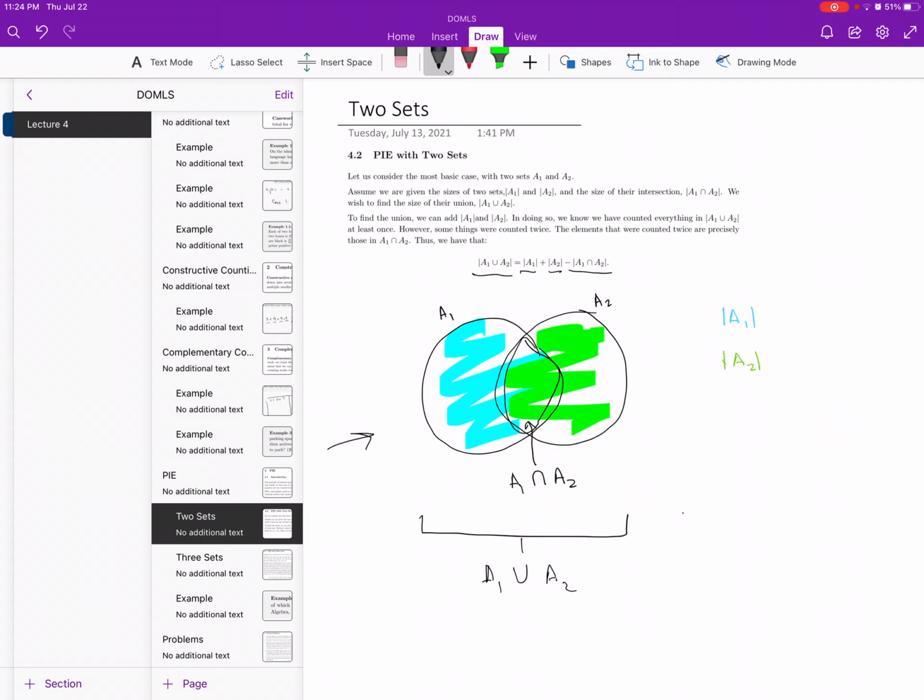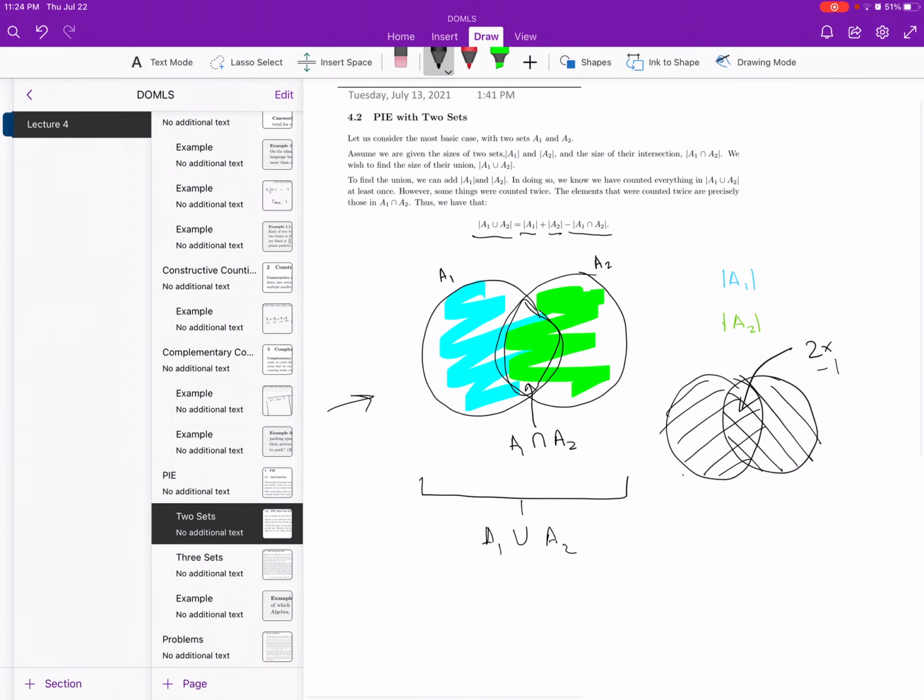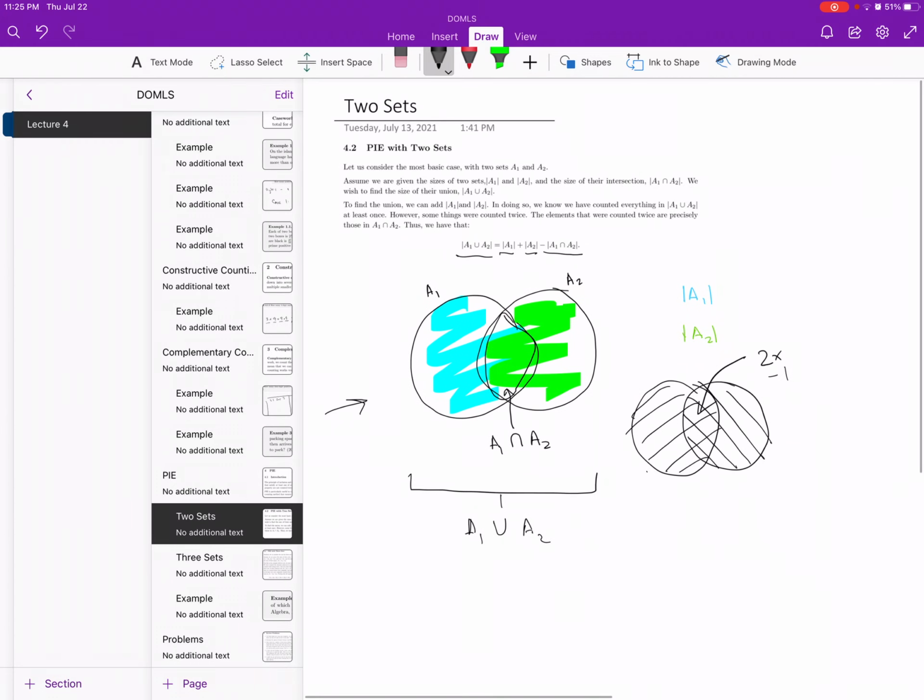Well, if we have our Venn diagram again, I'm going to shade in where we're adding. We just added A1. Now let's add A2. Now you can see, once we add those two, this center part gets counted twice, so we want to subtract one. We do that by subtracting A1 intersect A2. So that's all the principle of inclusion-exclusion says. It's quite simple, actually.